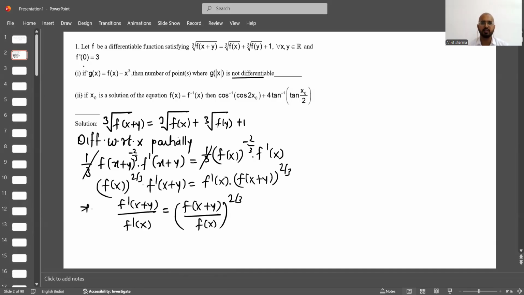We have 2 over 3 as the power on both sides.